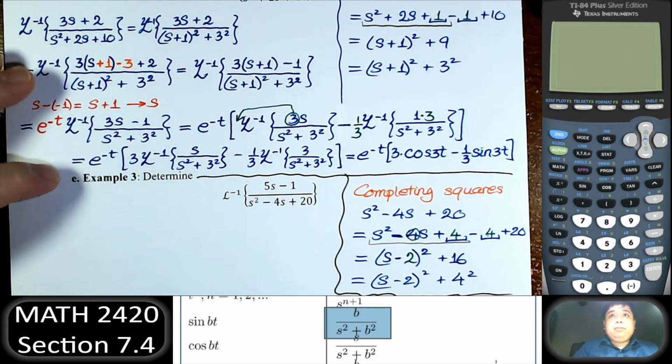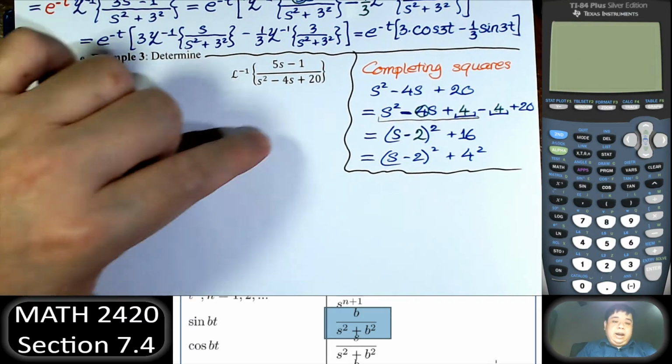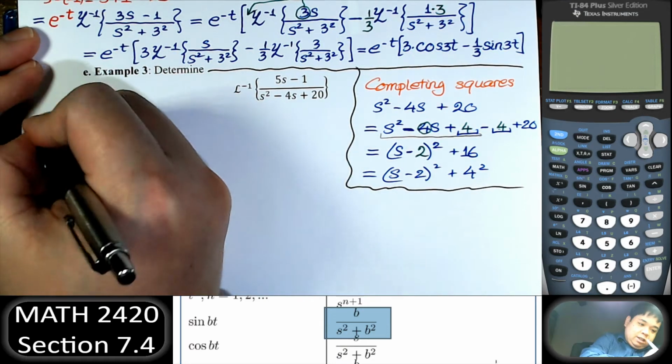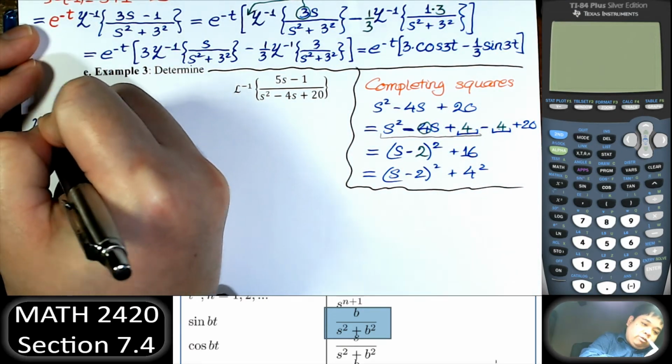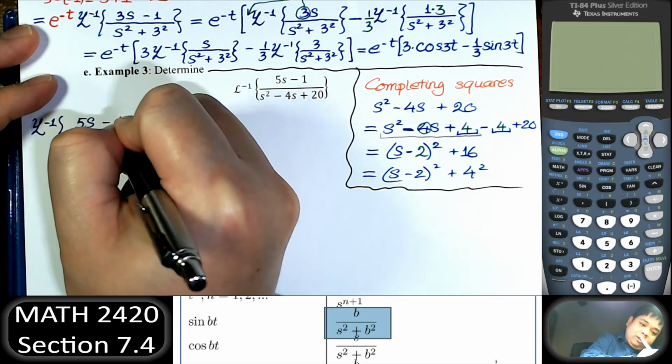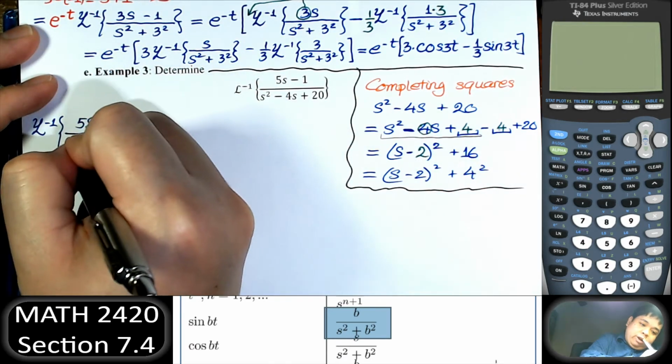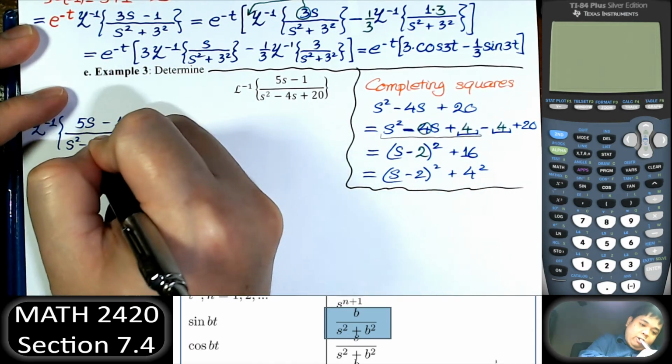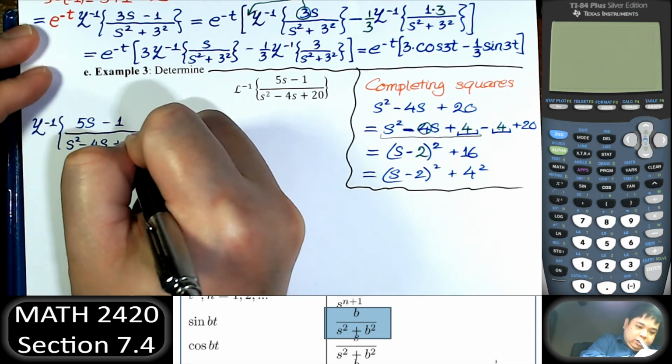Now we will do that. Inverse Laplace transform of 5s minus 1 over s squared minus 4s plus 20.